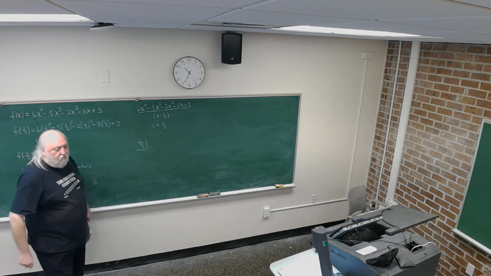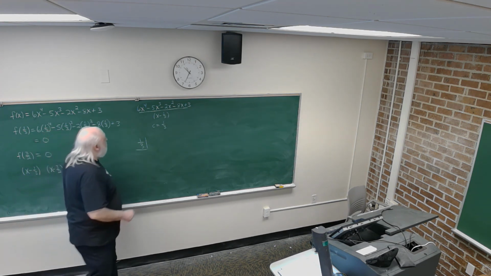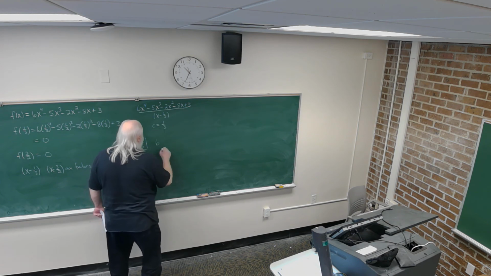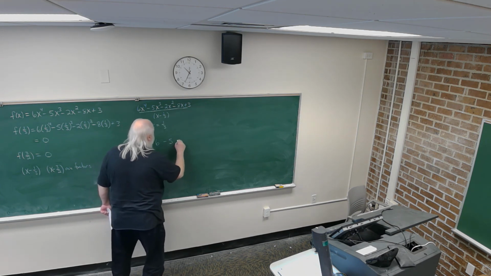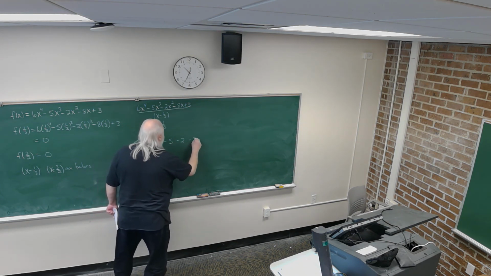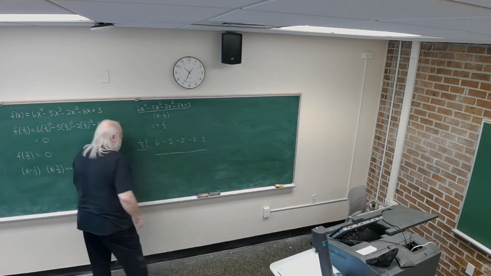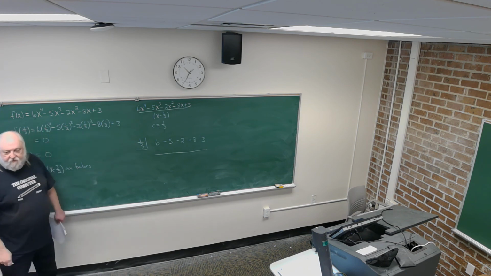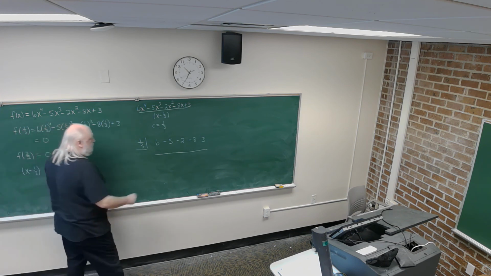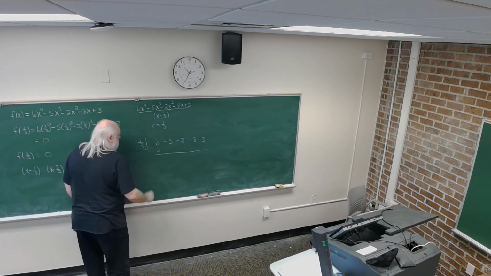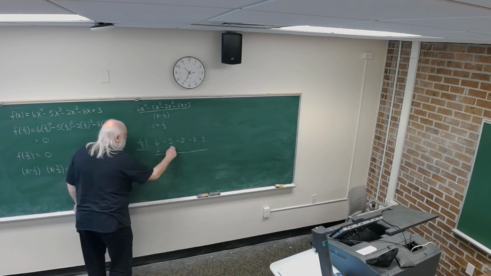And then you write out the coefficients to the right for the 4th degree polynomial: 6, minus 5, minus 2, minus 8, and 3. Now you do the synthetic division. Bring down the 6. Multiply by 1/3, you get 2.